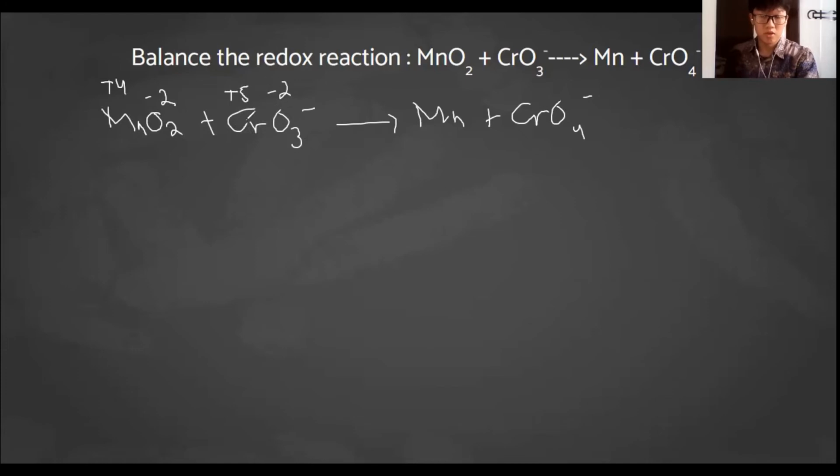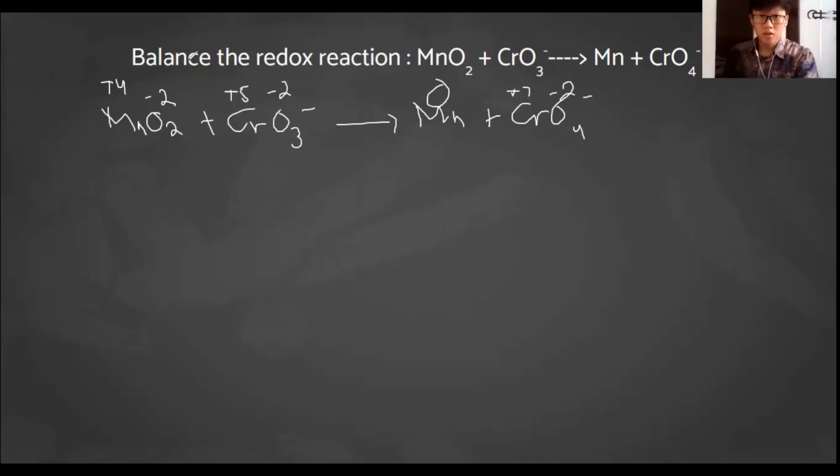So +5 plus -6 will be -1. And here manganese will have a 0 charge since it is a free element. And here oxygen has -2. Chromium will have +7 because this is a negative charge here.